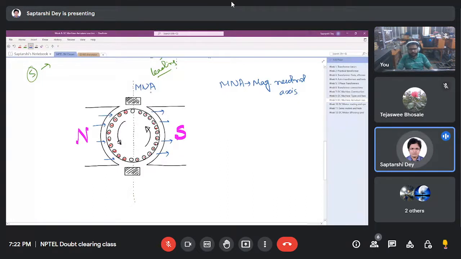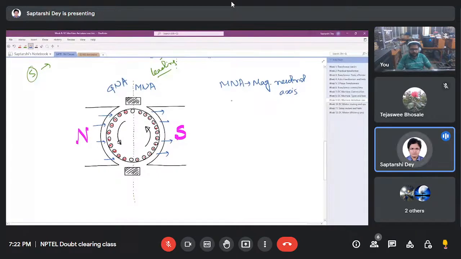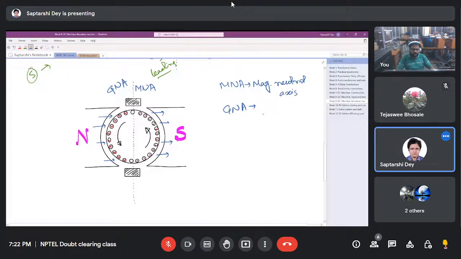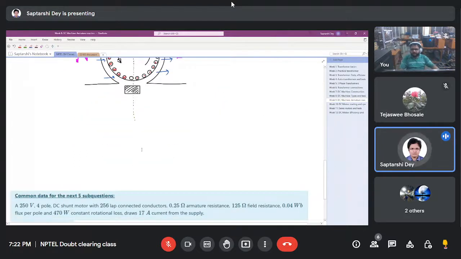And from the geometry of the machine, this is also called GNA, geometric neutral axis. Along the brush it is defined. So when there is no armature current, this GNA and MNA coincide with each other, they are the same. But what happens when there is armature reaction? We will see.